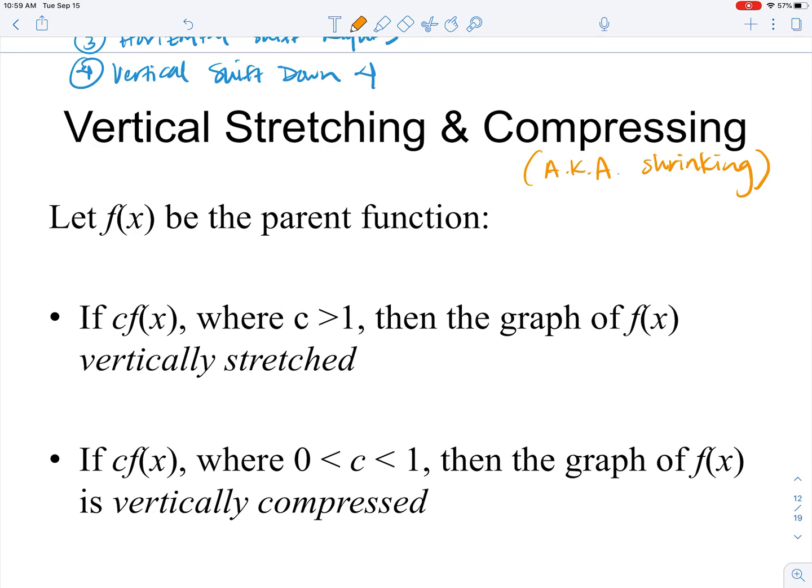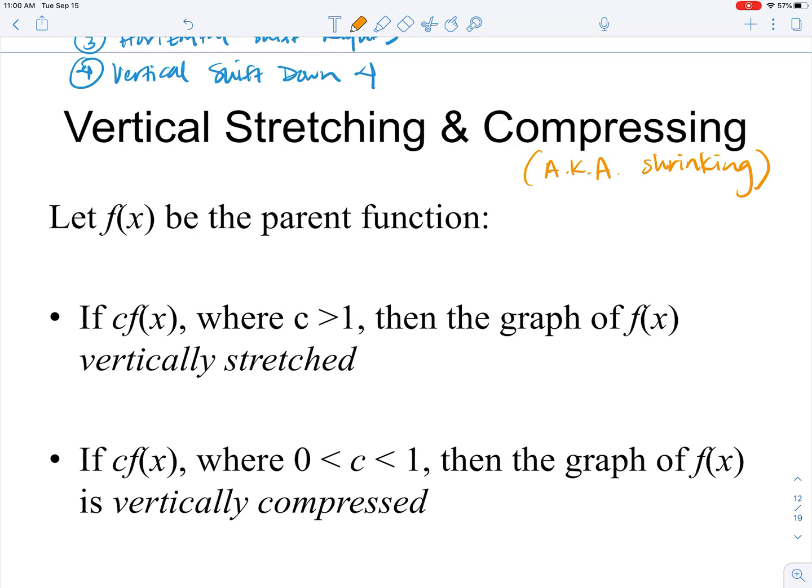Okay, so we're going to look at vertically stretching and compressing parent functions first. So let f of x be a parent function. And if the parent function is being multiplied by a constant that is greater than 1, that's going to end up vertically stretching the graph. And that's because each of the y-coordinates ends up being multiplied by whatever that constant is.